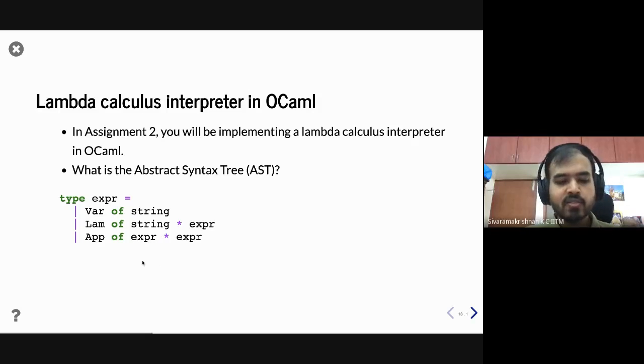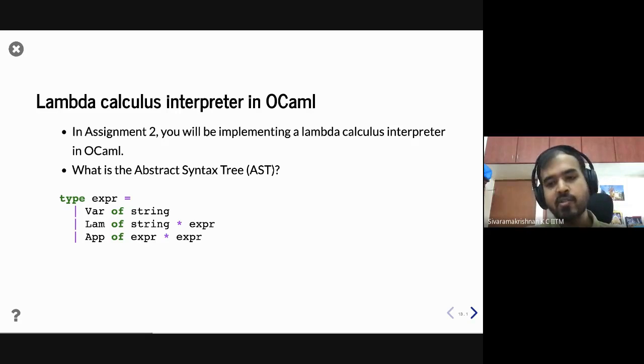So in practice, OCaml happens to be a nice language for implementing compilers and interpreters, exactly because OCaml has support for algebraic data types. So it becomes very natural to write these functions, and we have exhaustivity checks and so on, right? So even if you extend the language, your compiler will help you identify places where you've not handled certain cases.